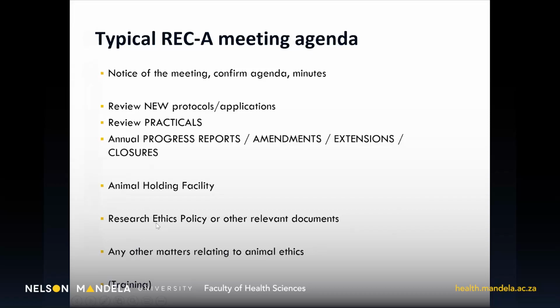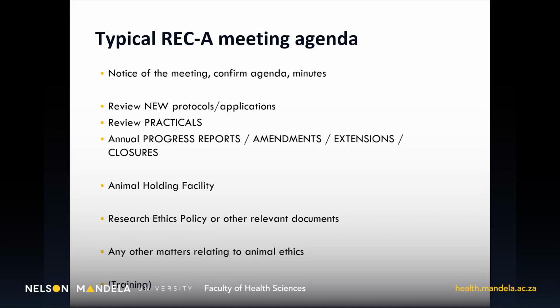The typical Rec A meeting agenda will look like the following. There's a notice of the meeting. We will confirm the agenda, and we will approve the minutes of the previous meeting, with a proposer and a seconder. Then we will look at all new proposals and applications. Similar to Rec H, we also review practicals where animals are used.